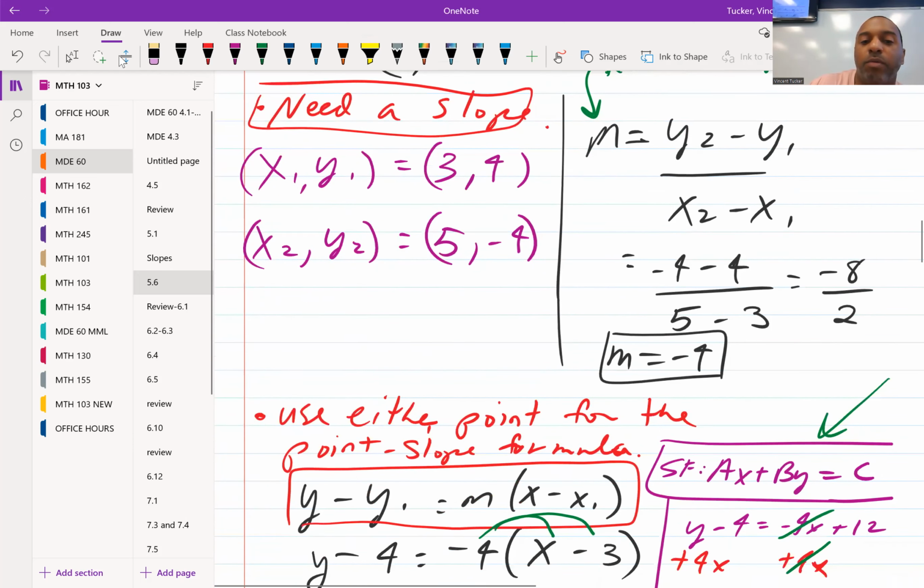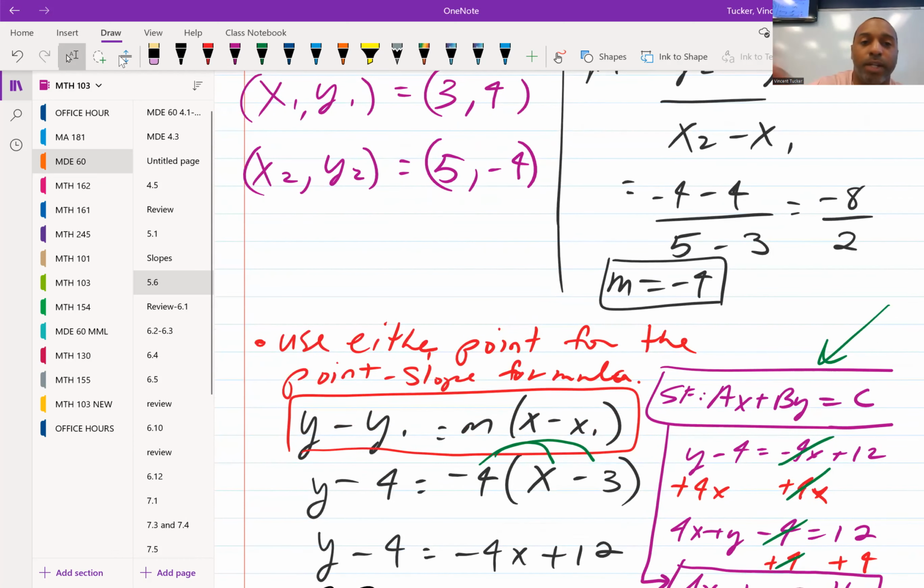So now that we have a slope, we can use either point to find the equation by using the point slope formula. Normally, whatever I call x1, y1, I just leave that as the point that I plug in. It doesn't matter which point you use, you still get the same answer, as long as you're using the slope of -4 and either one of these points.